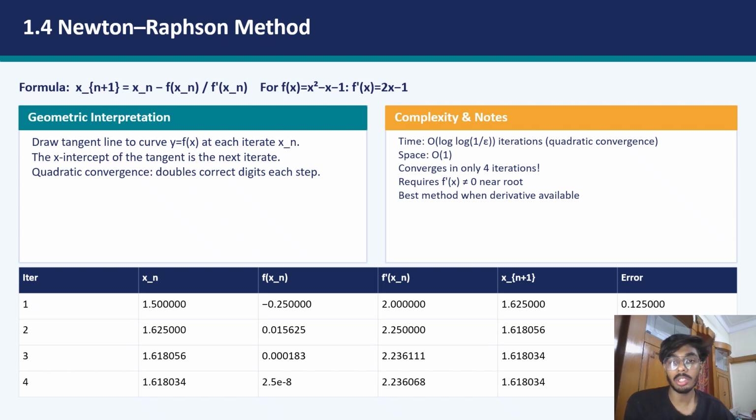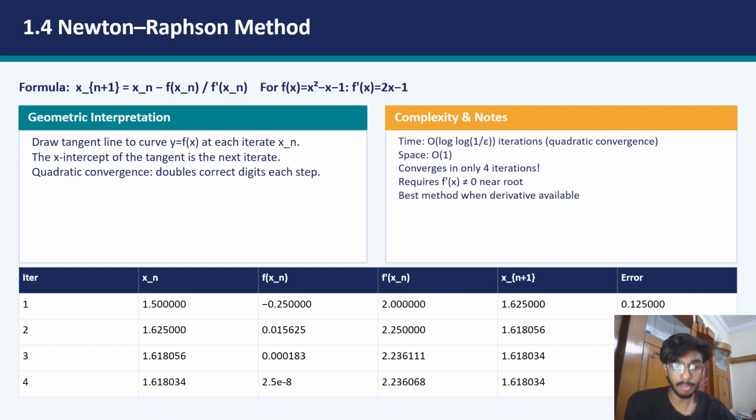The time complexity is O of log n of 1 by e, where e is our tolerance, and space complexity is order of 1. For the equation x square minus x minus 1, we get the convergence in only 4 iterations, whereas bisection is taking more than 14.